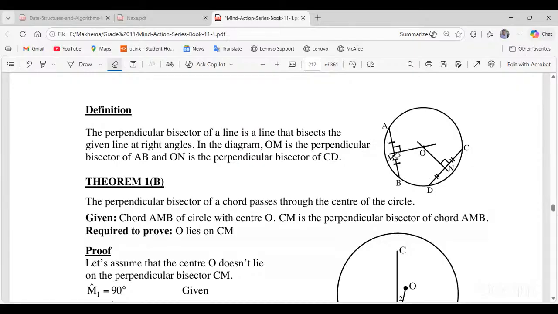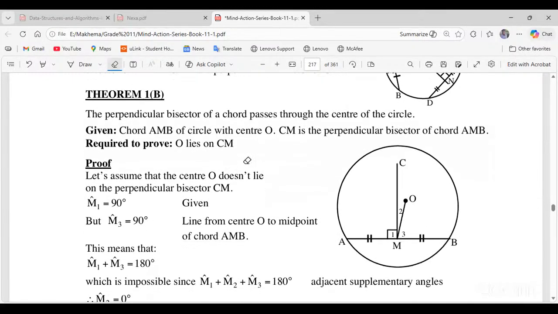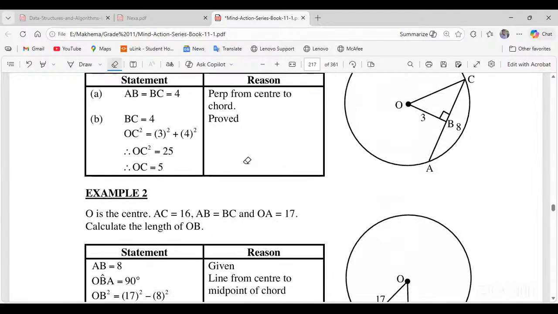Oh, okay. This is AB, and ON is perpendicular bisector of CD. So ON bisects CD and OM bisects AB.